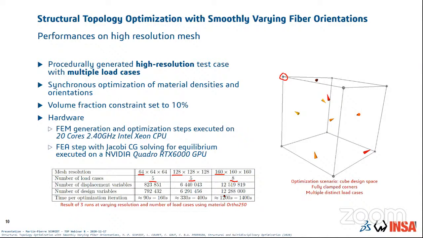So you are optimizing fiber orientation of anisotropic materials for compliance minimization problems. Have you considered applying the method directly to other problems, such as vibration problems like eigenfrequency maximization?